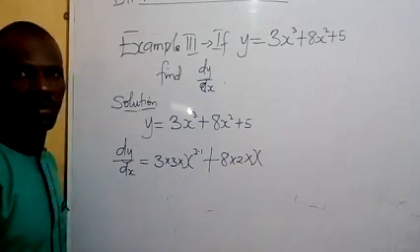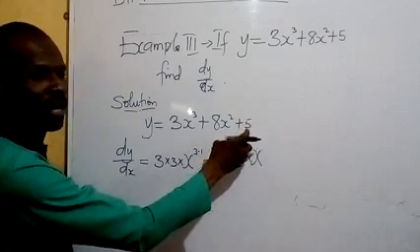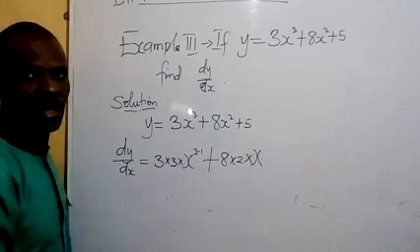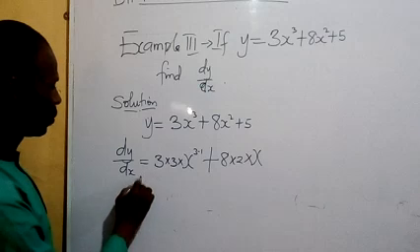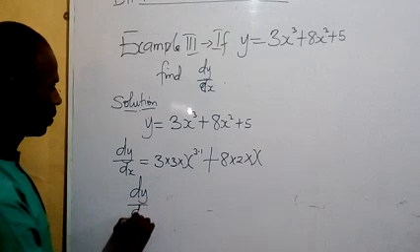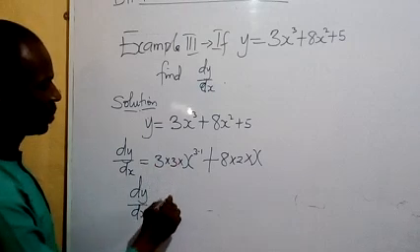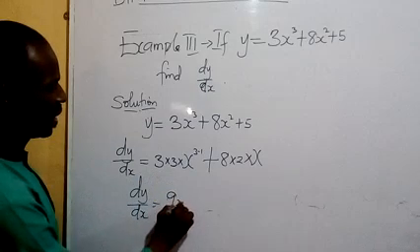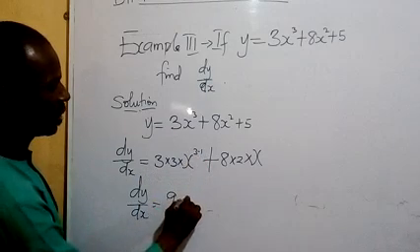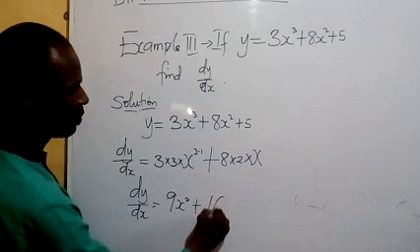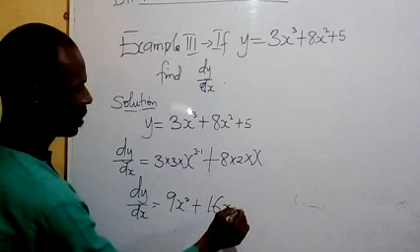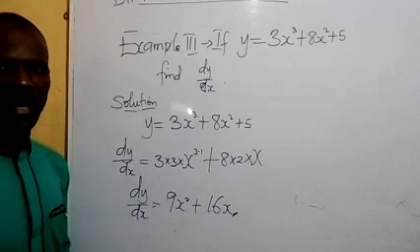You leave the 5, because the 5 does not have the variable x. So dy/dx equals 3 times 3, which is 9x raised to power 2, plus 8. That's your final answer.